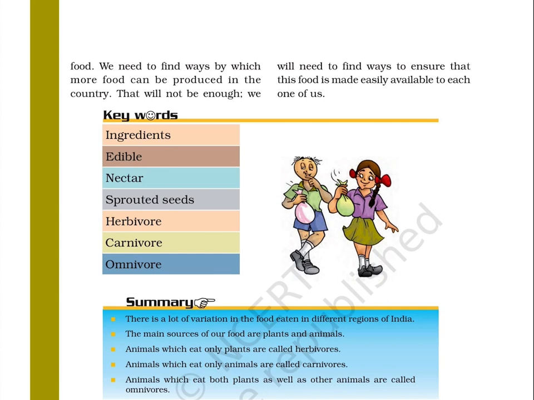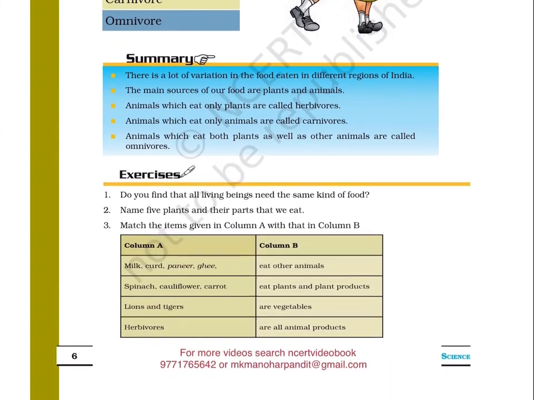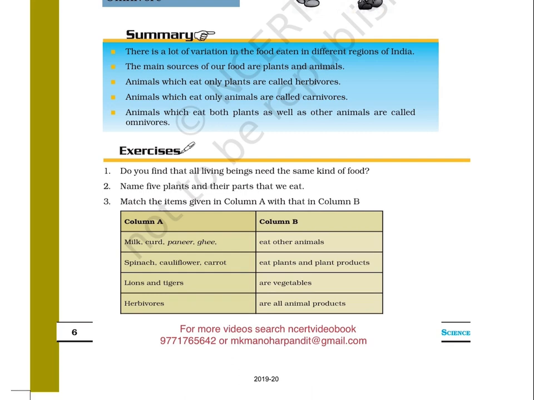Keywords: ingredients, edible, nectar, sprouted seeds, herbivore, carnivore, omnivore. Summary: there is a lot of variation in the food eaten in different regions of India.